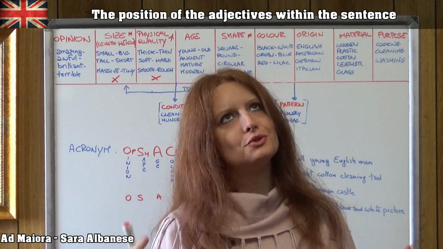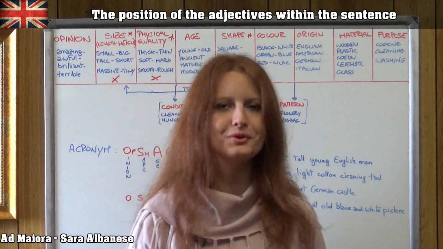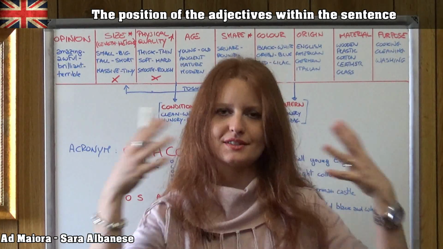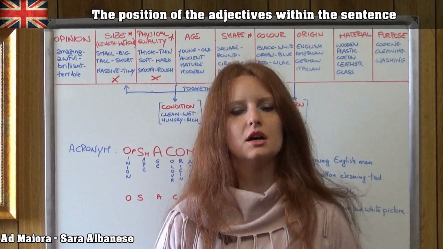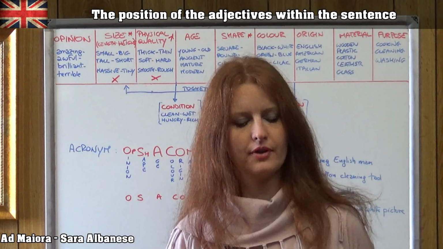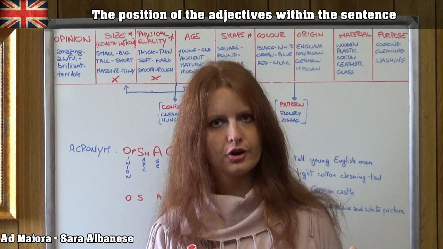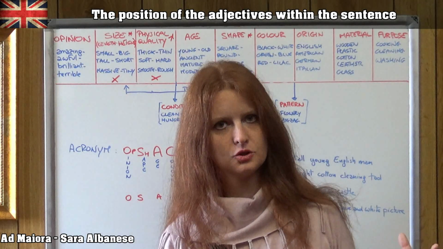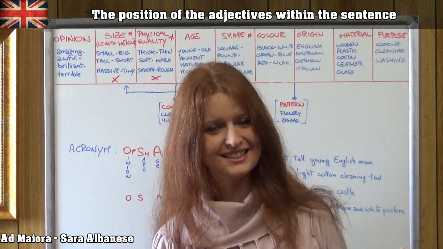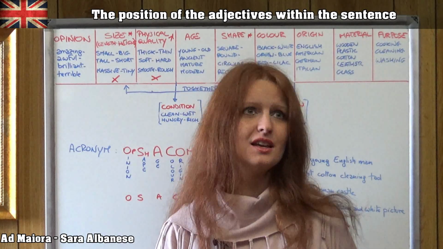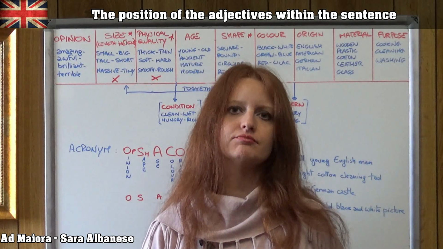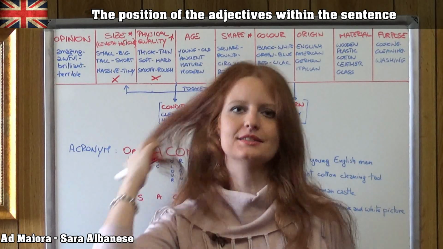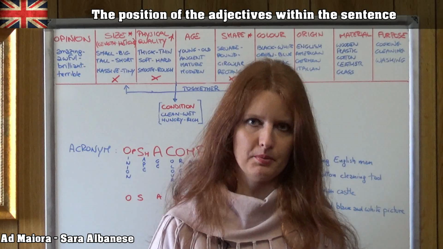So there are two versions of this grammar rule concerning the order of adjectives. The first version is the extended one, more detailed, and the second one is the easiest one. It's probably less detailed but easier to remember.